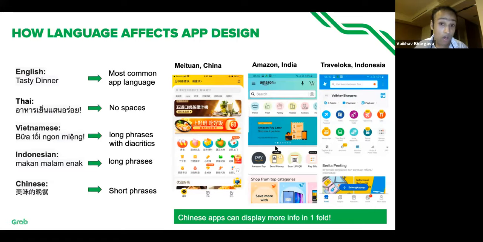Which is where a lot of apps that are designed for the Western markets may not work very well in offering a good customer experience in this region. And similarly, apps that are copied from Chinese apps may not work very well either. So I just wanted you to appreciate the difference here.